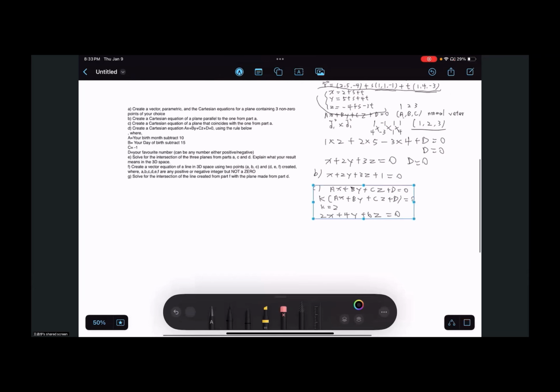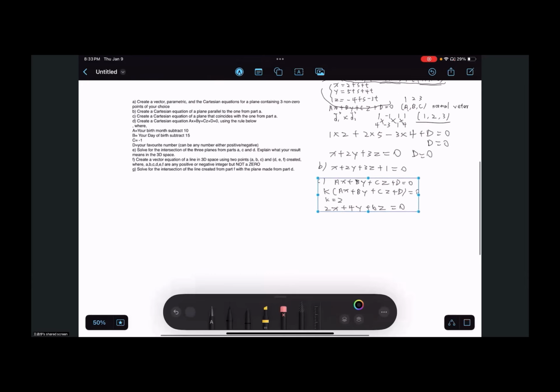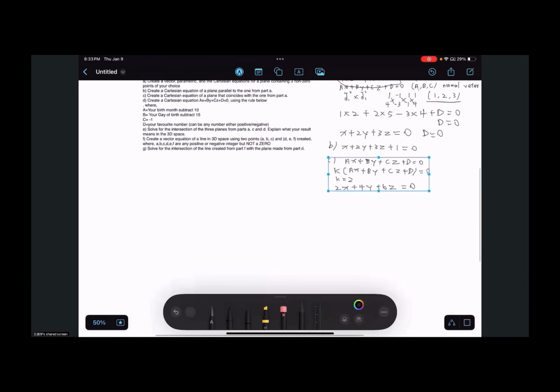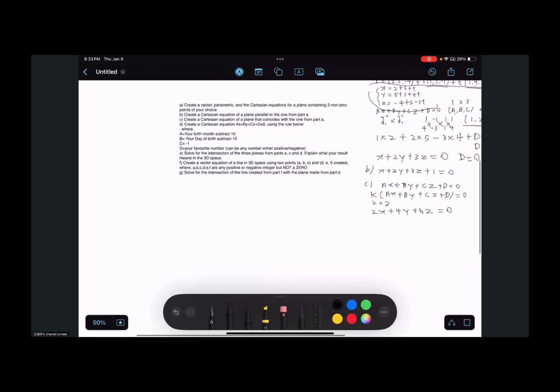Then let's look at part D. It says create a Cartesian equation using the rule below, where A equals your birth month subtract 10, B equals your day of birth subtract 15, C equals -1, and D equals your favorite number.